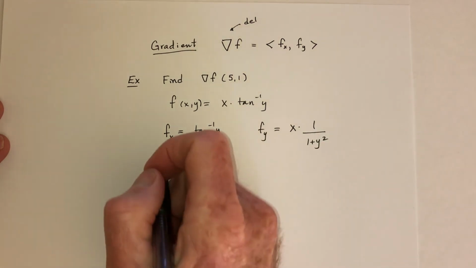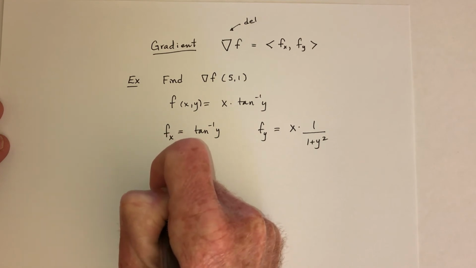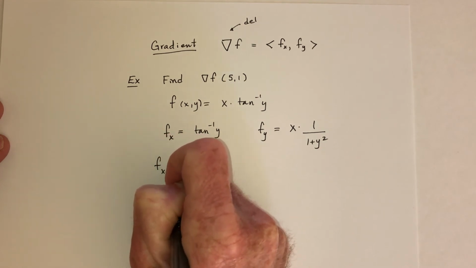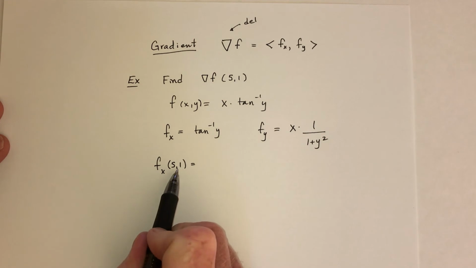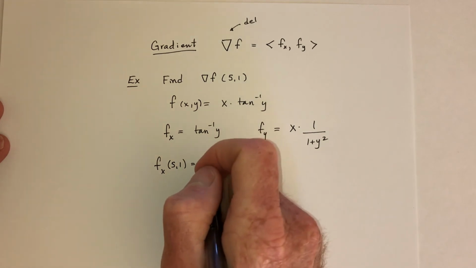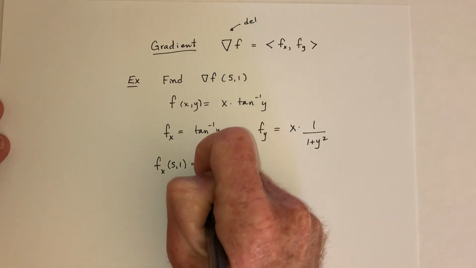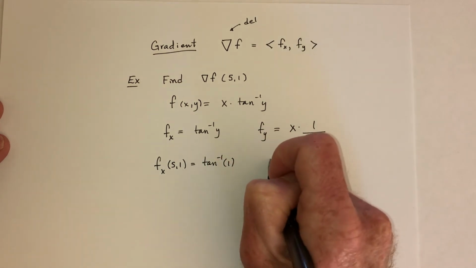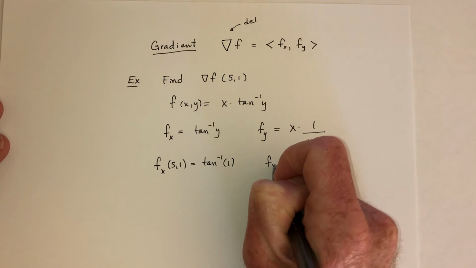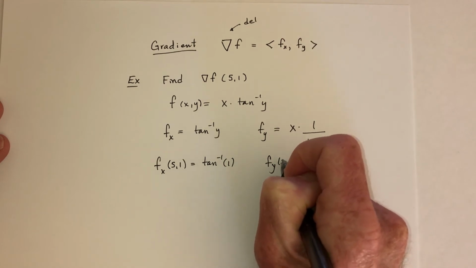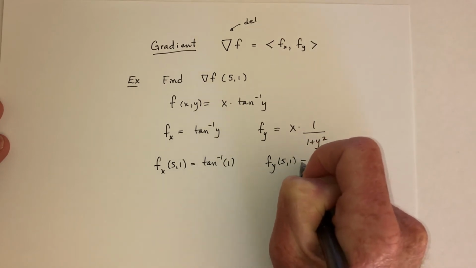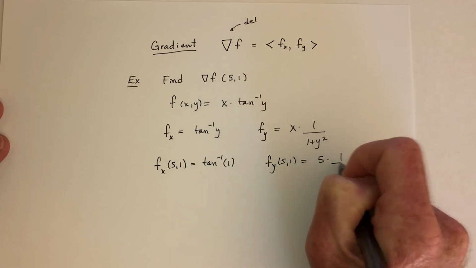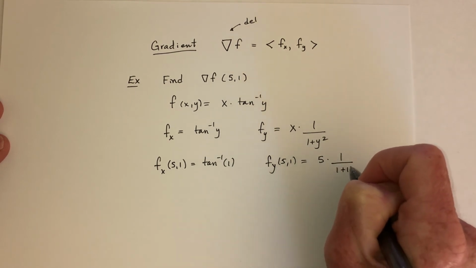Now plug in the numbers. So that means substitute in that y is a 1, so that is tangent inverse of 1. And then this one, plug in a 5 for x and a 1 for y.